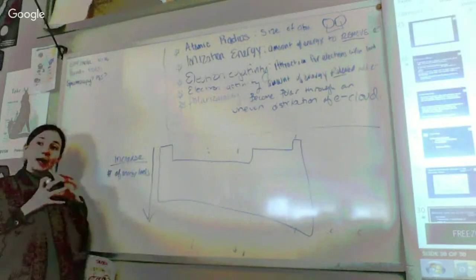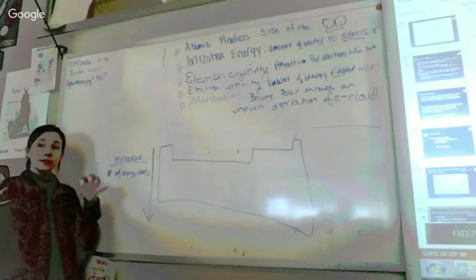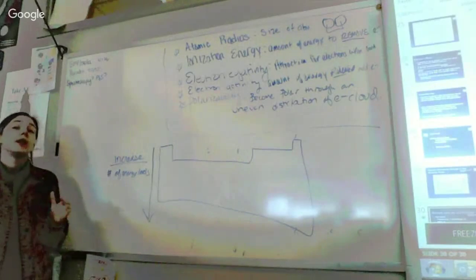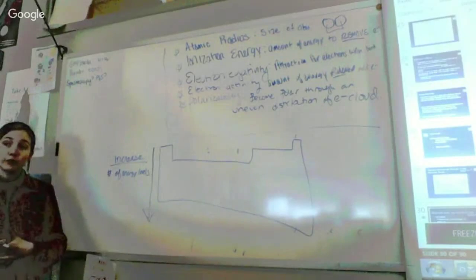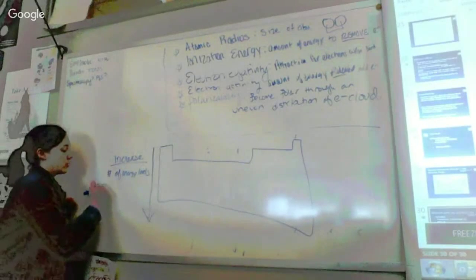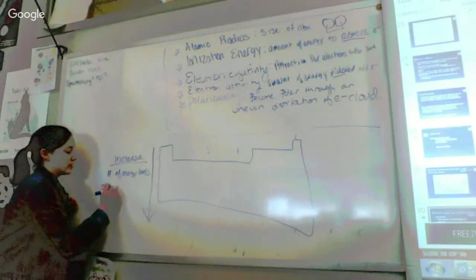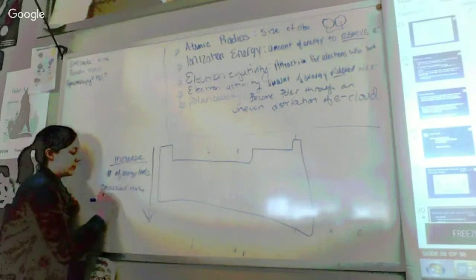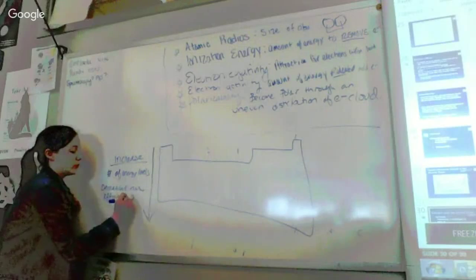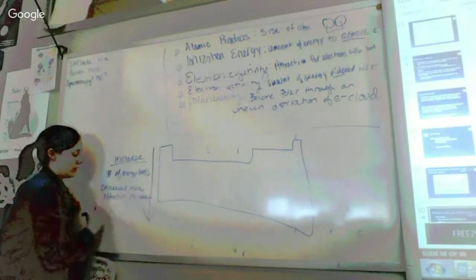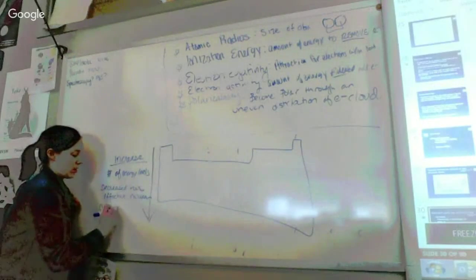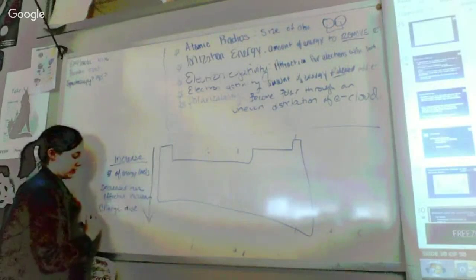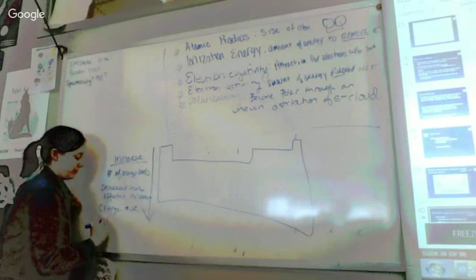As your atom gets larger, it has more energy levels, and thus those electrons are further from the nucleus. And so we have decreased effective nuclear charge due to an increase in shielding.